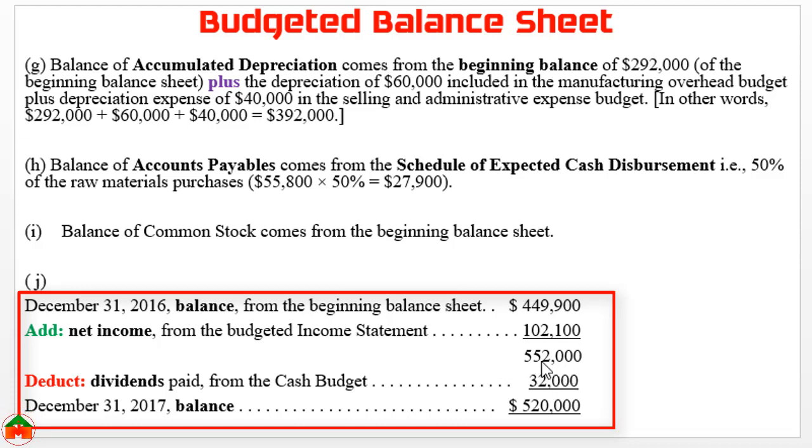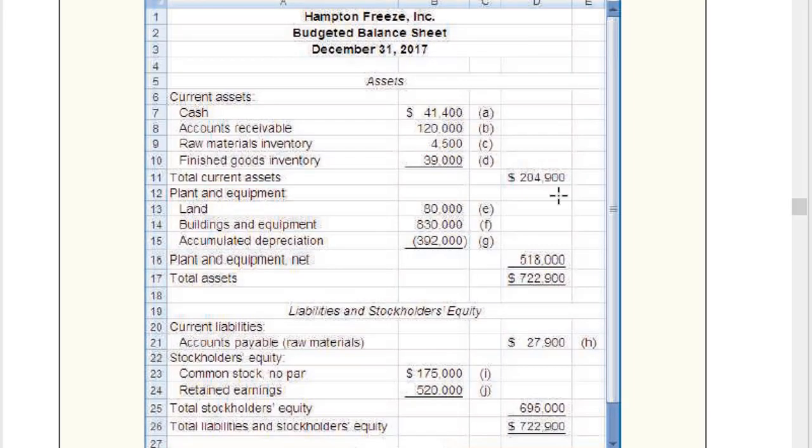With this 552,000, we will deduct the dividend payments taken from the cash budget, a total of 32,000. After deducting this dividend payment, we get the closing retained earnings balance, which is 520,000. This is the retained earnings closing balance shown in the budgeted balance sheet, and this is the common stock.